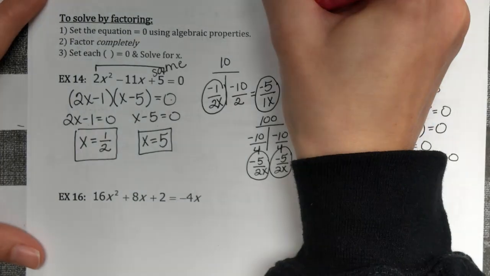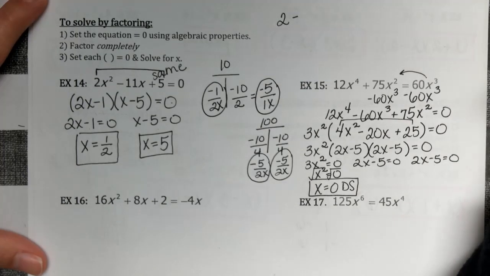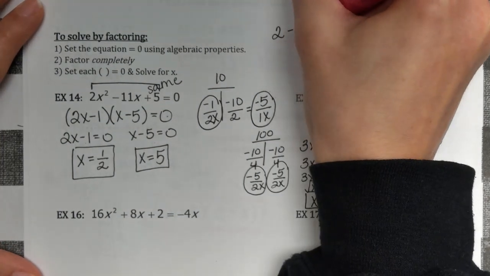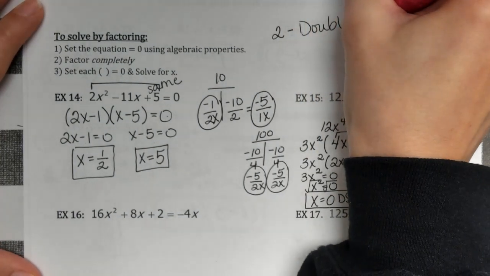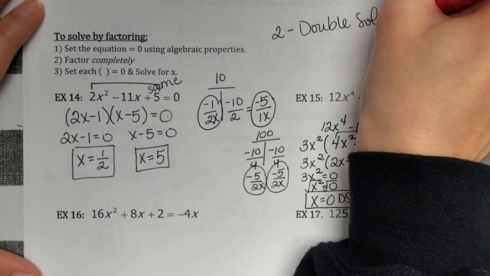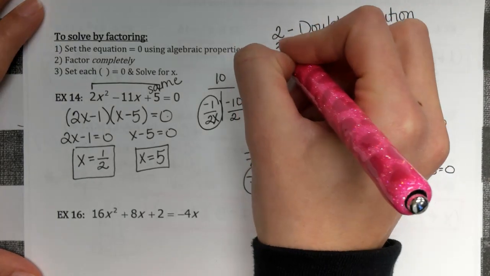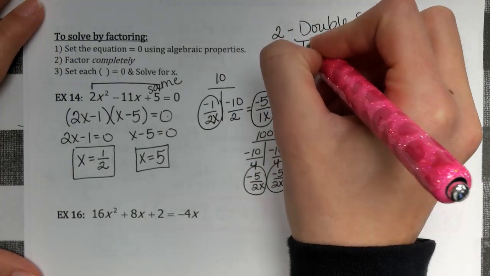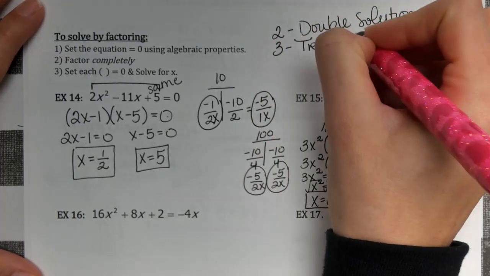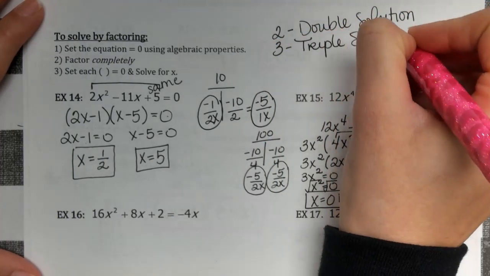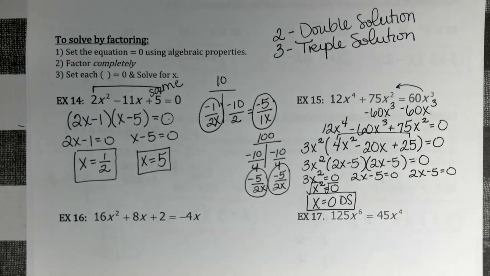Okay, so if you have something squared, that would be double solution. If I have it to the 3rd power, what would that be? A triple solution. What about 4 or 5?